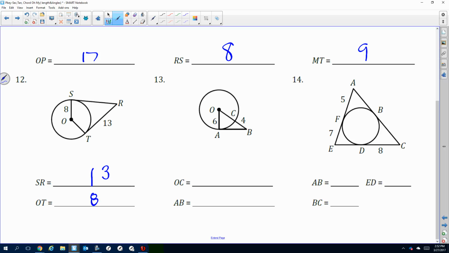On 13, OC, O to C, that is 6. So what would I do to find AB? 6 and 10. What is AB? It's going to be 8. No, it's 8 because that's a triple. So it's 8 and 10. I'm just asking what segment is AB? Oh, it's a tangent.